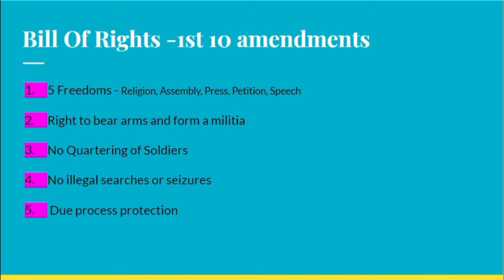Amendment number 3 says no quartering of soldiers, and quartering is talking about the actual housing of soldiers. And when we look at that idea, we're saying that no soldier in a time of war or peace can be quartered in our homes without the consent of the home owner.